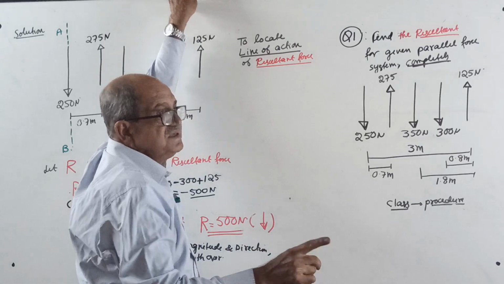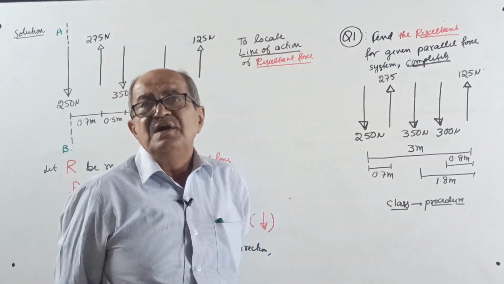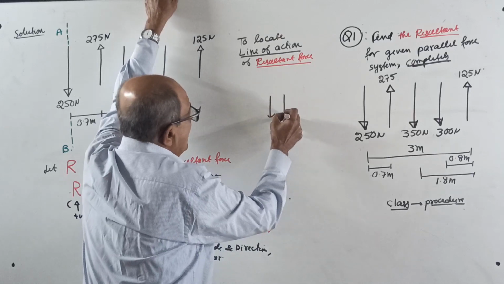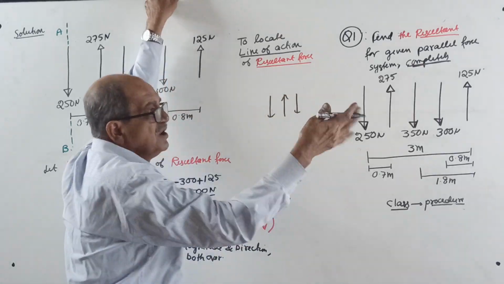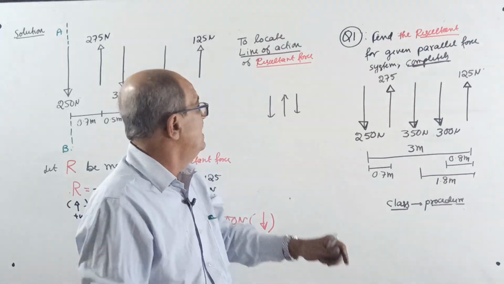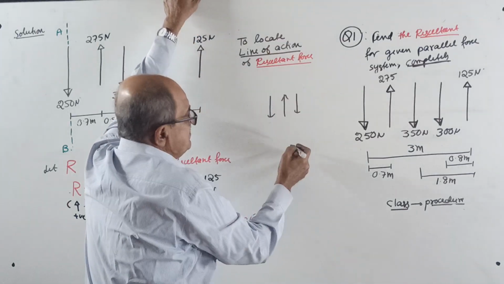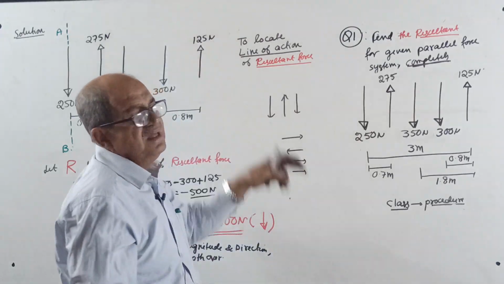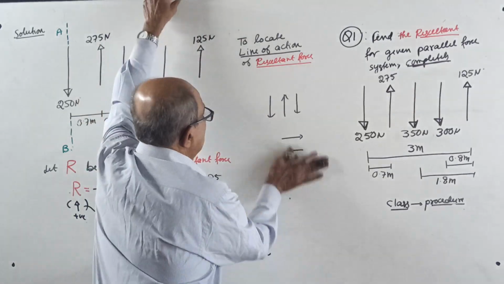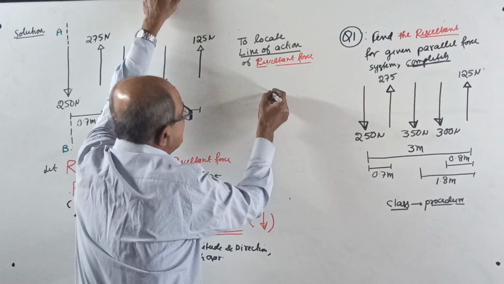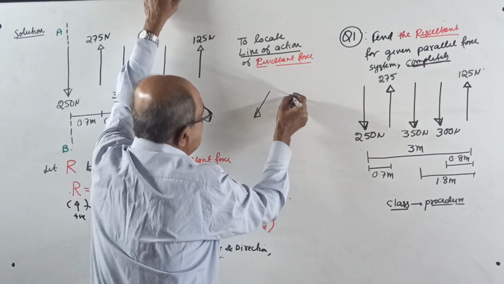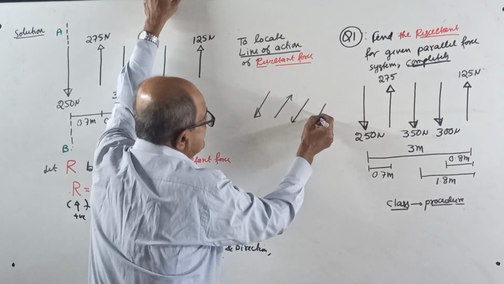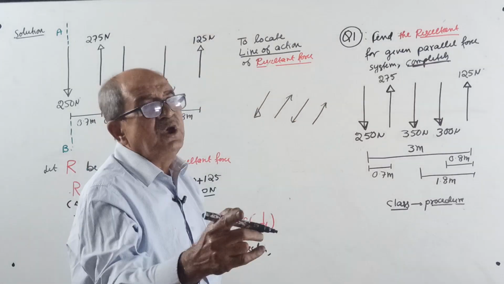Now, second note in the procedure: resolution. If all forces are given vertical, either up or down, no resolution is needed, everything is vertical. If all forces are given horizontal, again no resolution. But remember, parallel, like or unlike, does not matter.